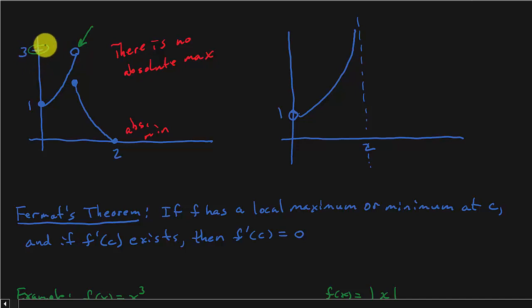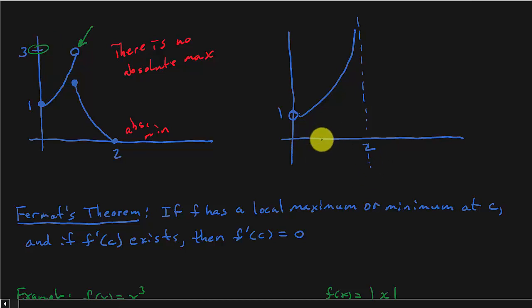So what's your absolute maximum? Is it 2.9? Is it 2.99? Is it 2.9999? You see where I'm going with it? We can add 0.9s forever. So there's no absolute maximum there.